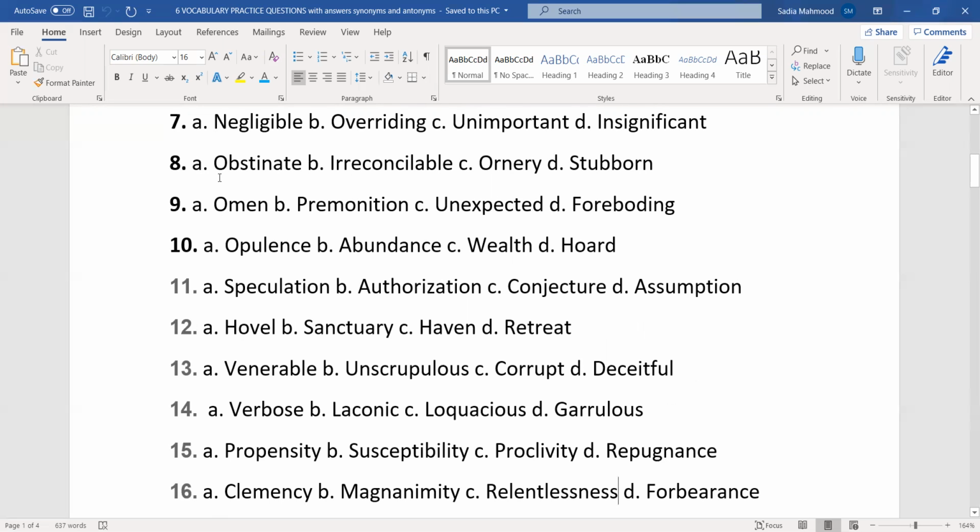Options are option A, obstinate. Option B, irreconcilable. C, ornery. D, stubborn.